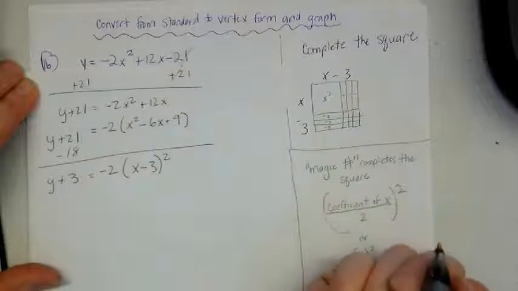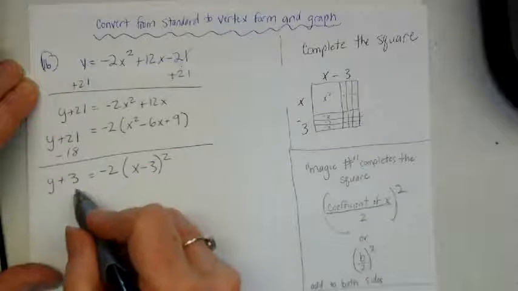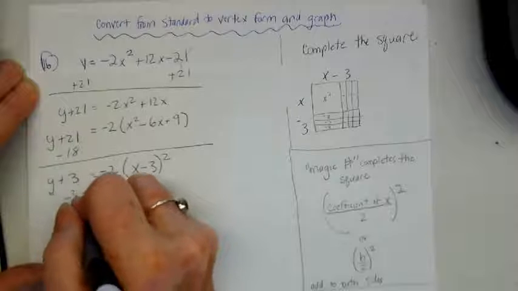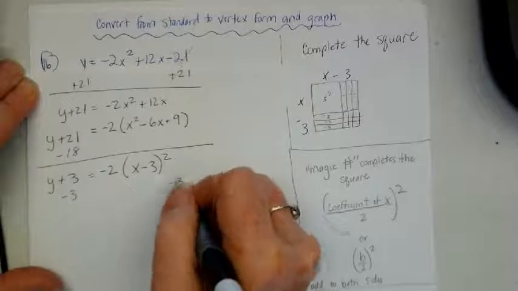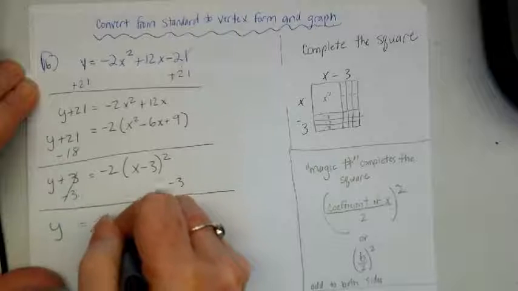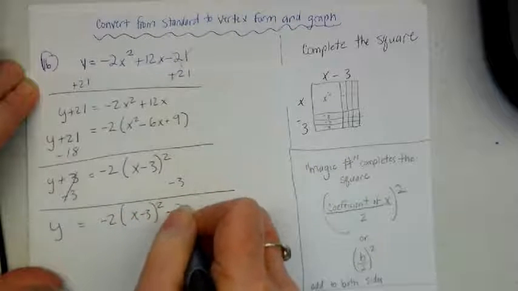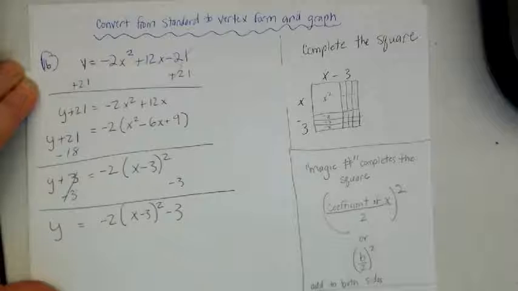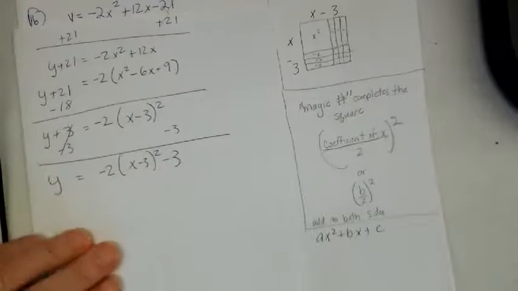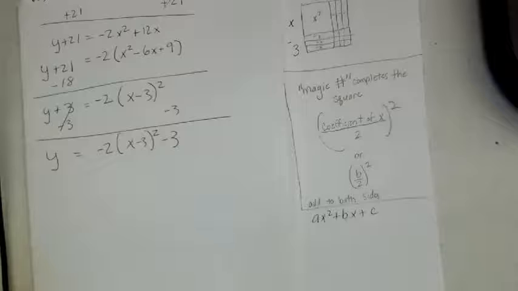It's a perfect square trinomial. I just rewrote it in its factored form and then brought the 3 back over. So there, now I have that, and now it's in graphing form.